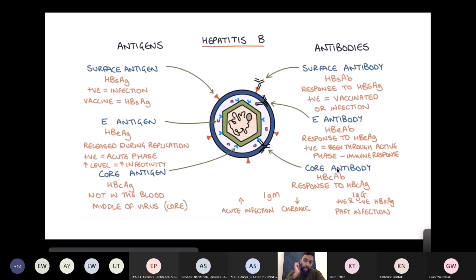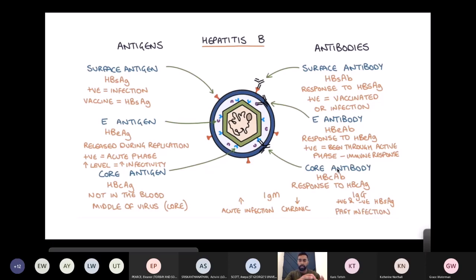And the way to differentiate between this person has had an infection or they've been vaccinated is, if they've had an infection, they'll have surface antibody positive and they'll have a core antibody as well. If someone's been vaccinated against hepatitis B, they are only surface antibody positive. They will not have a core antibody positive.